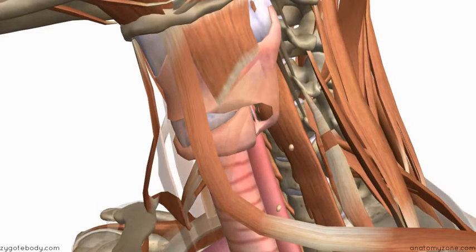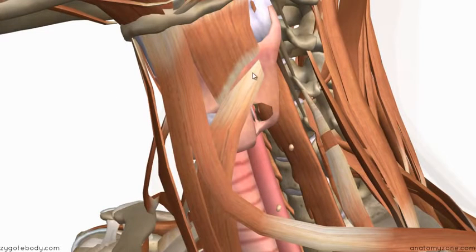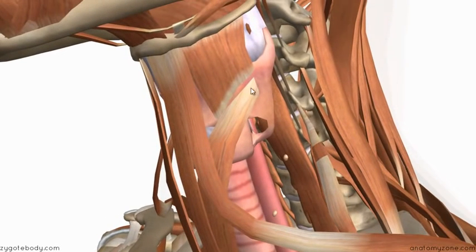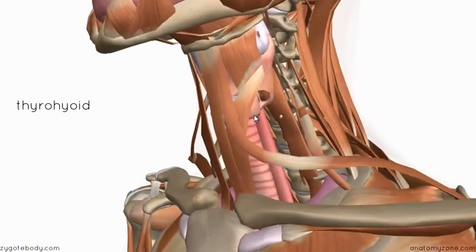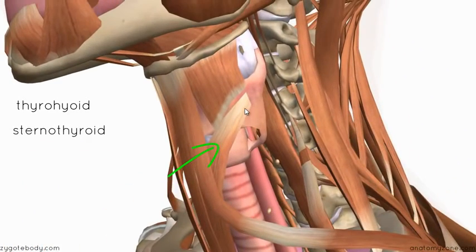So if I just bring in the muscle layer, you can see some muscles that have appeared here. So the three muscles are the thyrohyoid muscle, so you've got the muscle connecting the hyoid bone to the thyroid cartilage, and then you've got a muscle connecting the thyroid cartilage to the sternum. This is called the sternothyroid muscle.